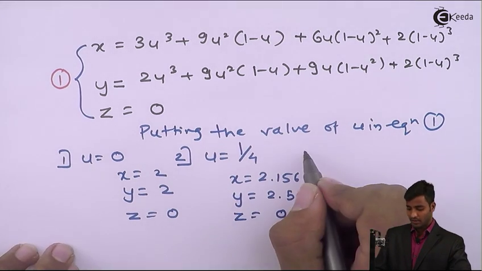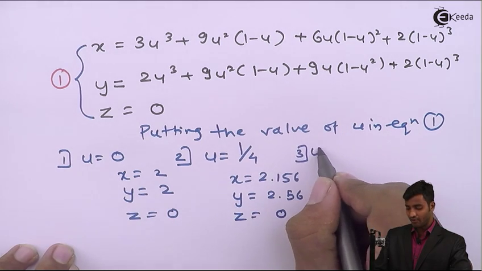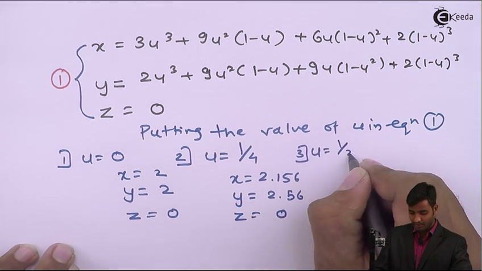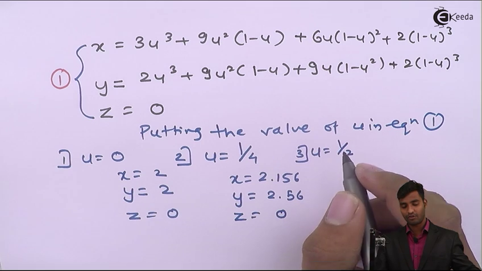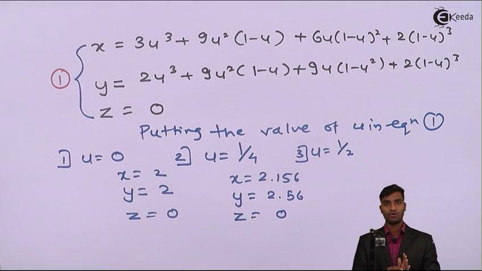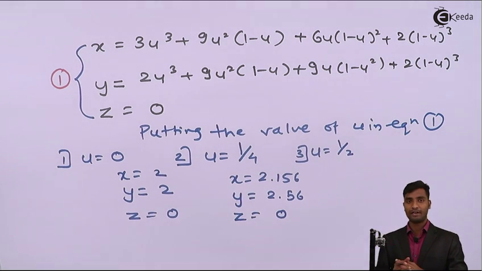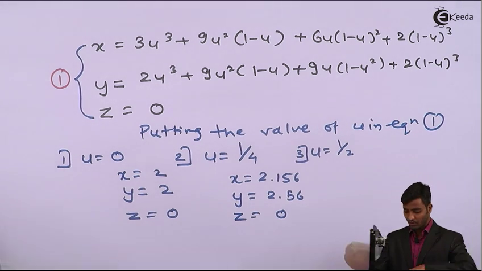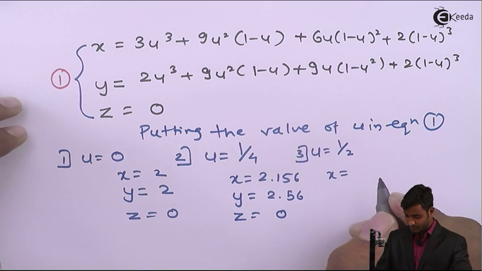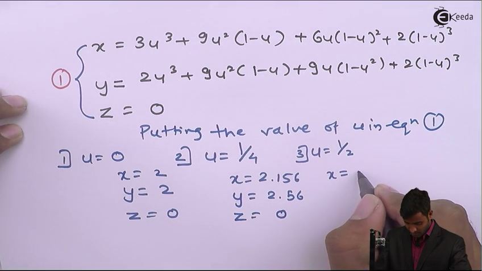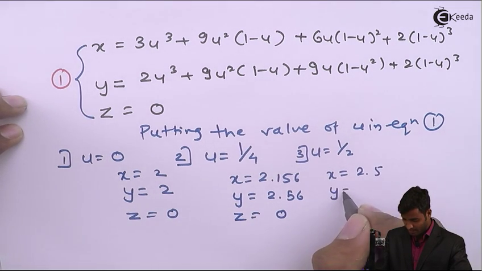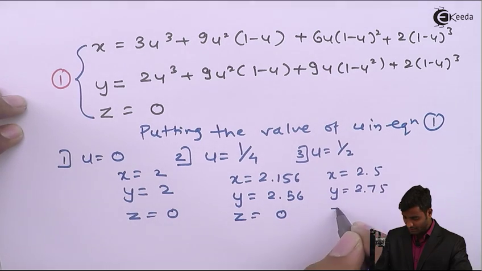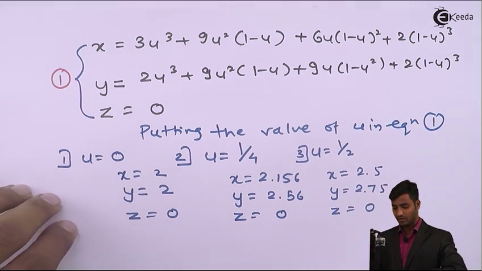Now I will replace the value of u as 1 by 2, because in this problem the range is from 0 to 1, that is 0, 1 by 4, 1 by 2, 3 by 4 and 1. If I replace u as 1 by 2, I get the value of x as 2.5, the value of y as 2.75, and the value of z is 0.